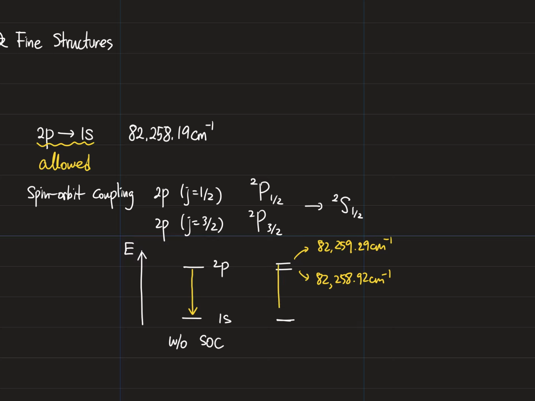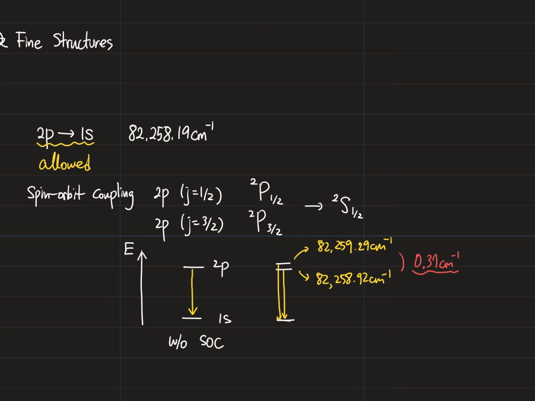So that means we are going to see two slightly different energy levels. As you may imagine, the change between these two numbers is only 0.37 wave number. So this is quite a small number.